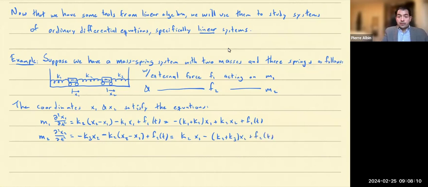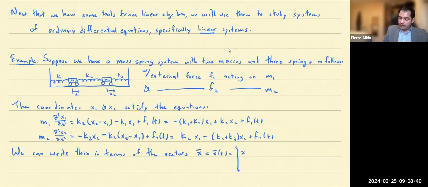So now that we're accustomed to using vectors and matrices, we can write this in terms of the vector x bar, which is a function of t.